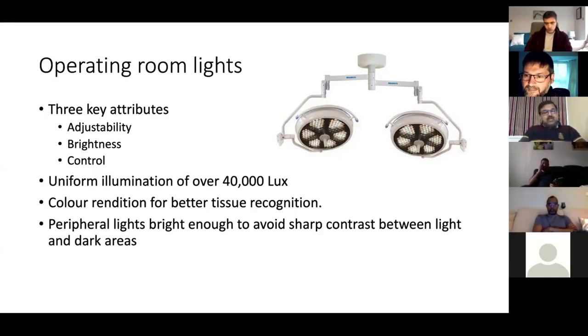Also, the peripheral lights in the theater should be bright enough to avoid a very sharp contrast between the light and the dark areas. If we are working in the canopy area and the outside lights are very dark, it provides undue strain on the eyes. So if the theater is uniformly lit, it helps our eyes.